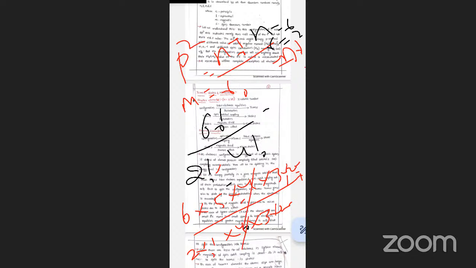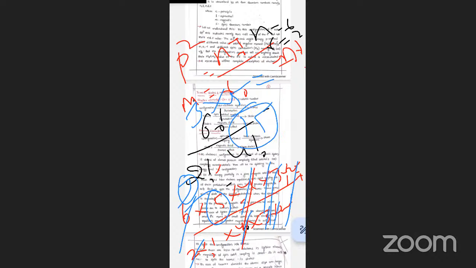The 4s cancel, 3s cancel, 2s cancel, 1s cancel. Here 2 is there, here 6 is there. Remaining: 3 into 5, which is equal to 15 microstates. That means 15 possibilities are there.